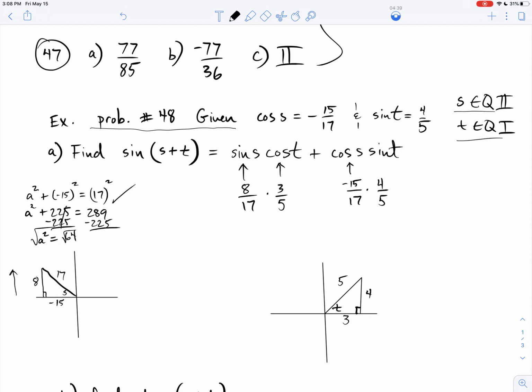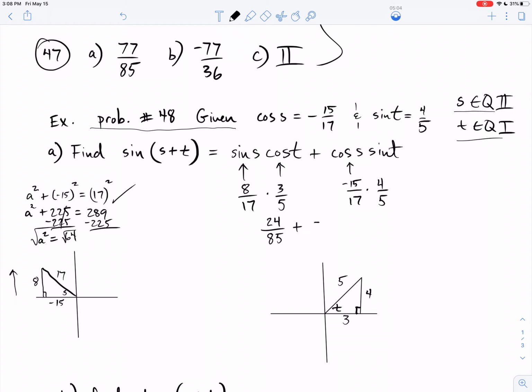Let's do some work here. On the bottom, it appears that I have common denominators. And 17 times 5 in the bottom is 85. In the top, 8 times 3, that's 24. What am I going to do? I'm going to add it to a negative number.